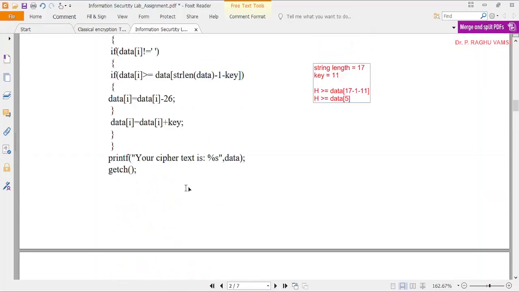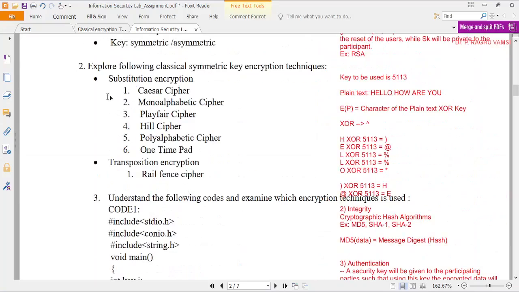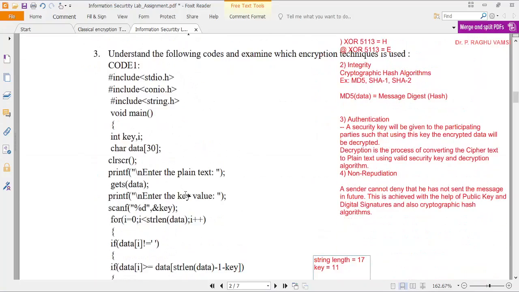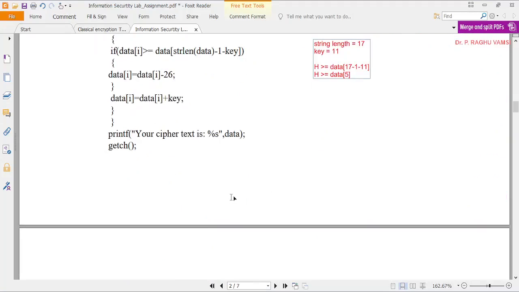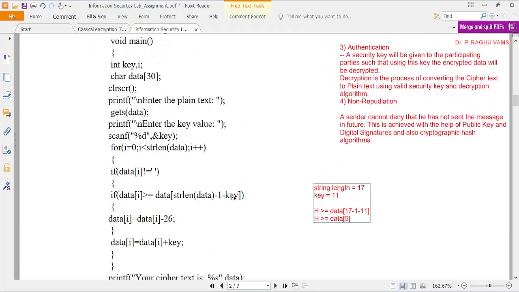Now after reading this substitution cipher and transposition cipher, just go through this: copy this code and paste it in Code::Blocks, or you may type it on your own. Once you run this code and give the plain text, see what the ciphertext is. Then write on paper what algorithm is being used and how it is working.